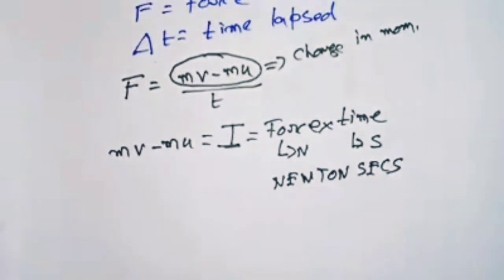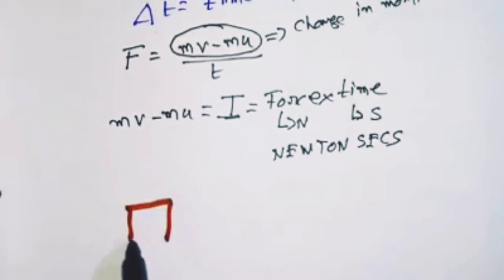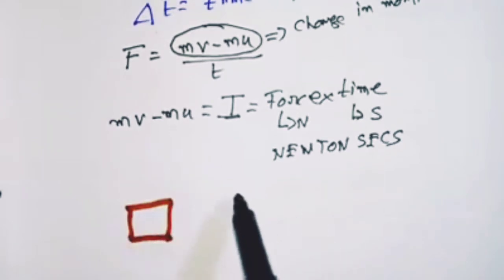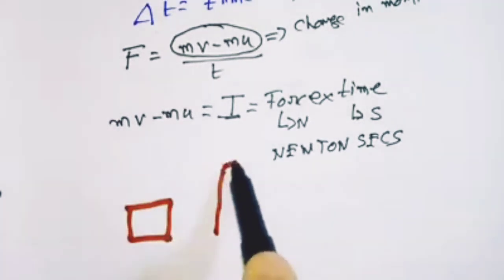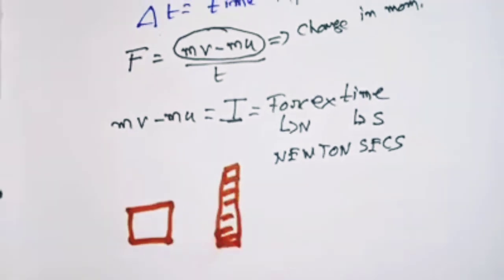Let me quickly demonstrate before we conclude the video. Say, for example, we have a mass m1, so we will stick to the basics. And here is a brick wall, a solid brick wall which is not moving against the force.